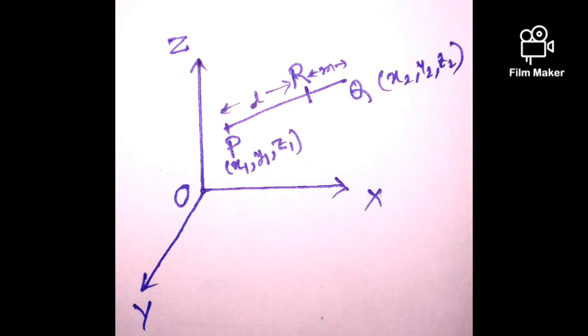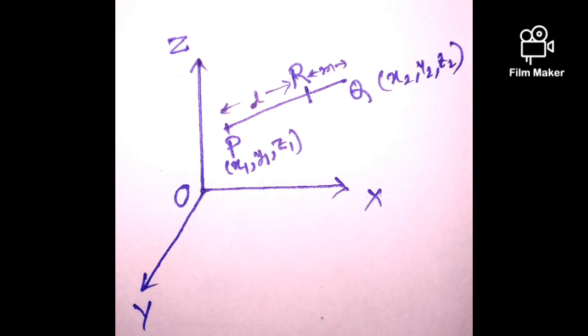Next, coordinates of a point dividing the join of two points in a given ratio. Let the point R, whose coordinates are x, y, z, divide PQ in the ratio L is to M internally. Let the coordinates of P and Q be x1, y1, z1 and x2, y2, z2 respectively.